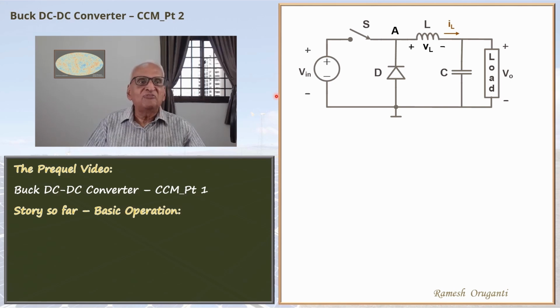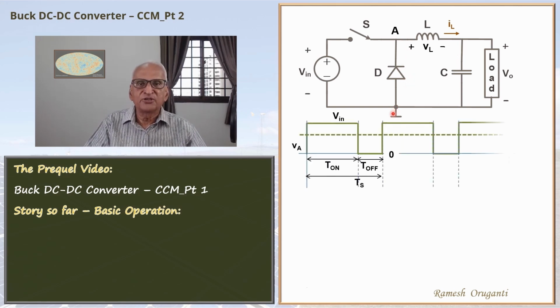First, let's plot the VA waveform. VA is the voltage at node A with respect to this common point. When the switch is on, A will be connected to Vin, the source. When the switch is off, inductor current freewheels through the diode and VA will be 0. So the VA toggles between Vin and 0.